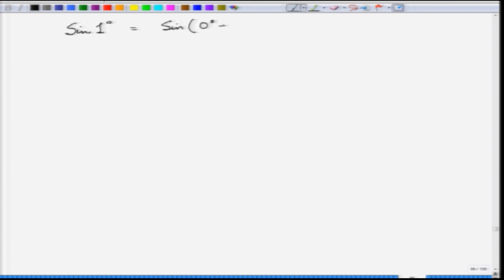So, I am using what I know: sine 0 degree plus sine dash 0 degree into 1 plus half sine double dash 0 into 1 square plus error.